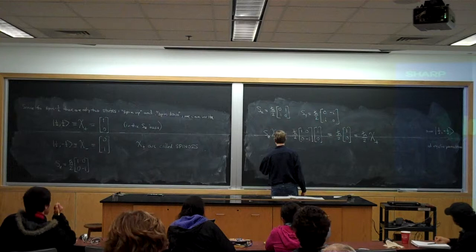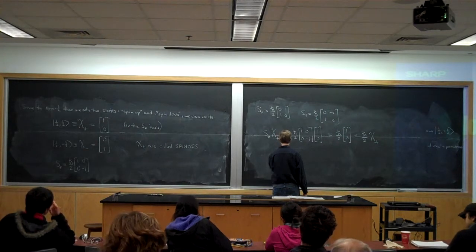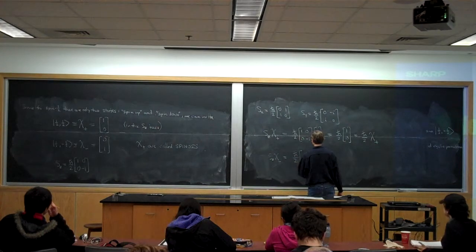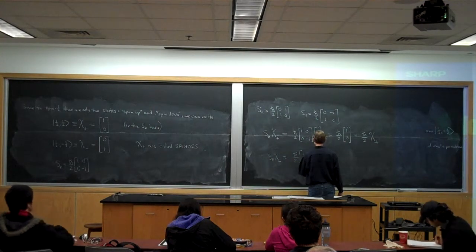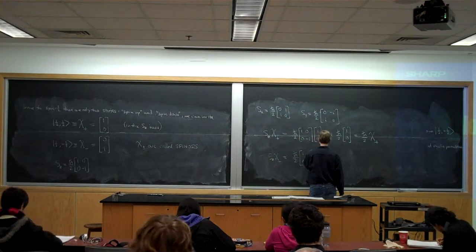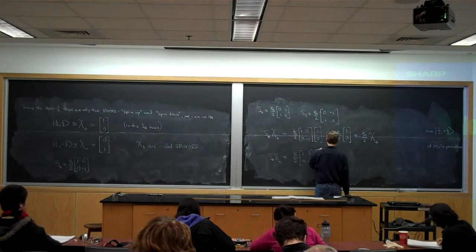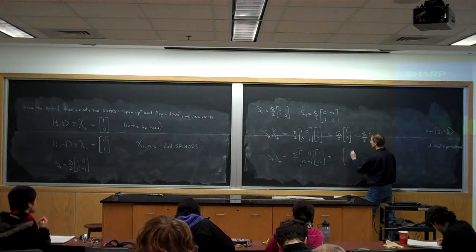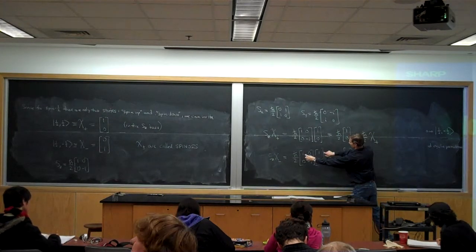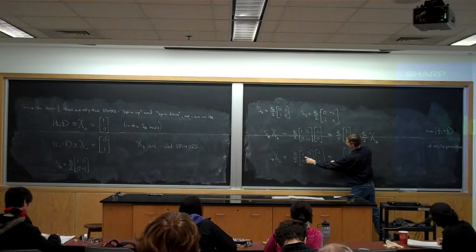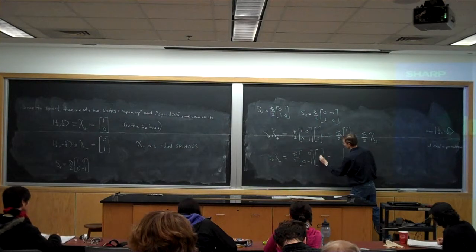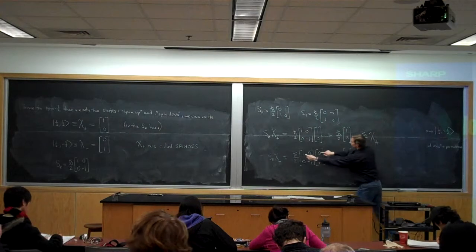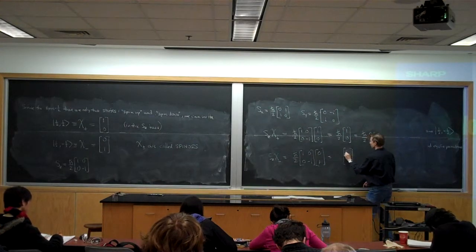And if I hit chi minus with S sub z, that's h bar over 2 times [[1, 0], [0, -1]] multiplied by (0, 1), because it's chi minus. The top component is 1 times 0 plus 0 times 1, or 0.